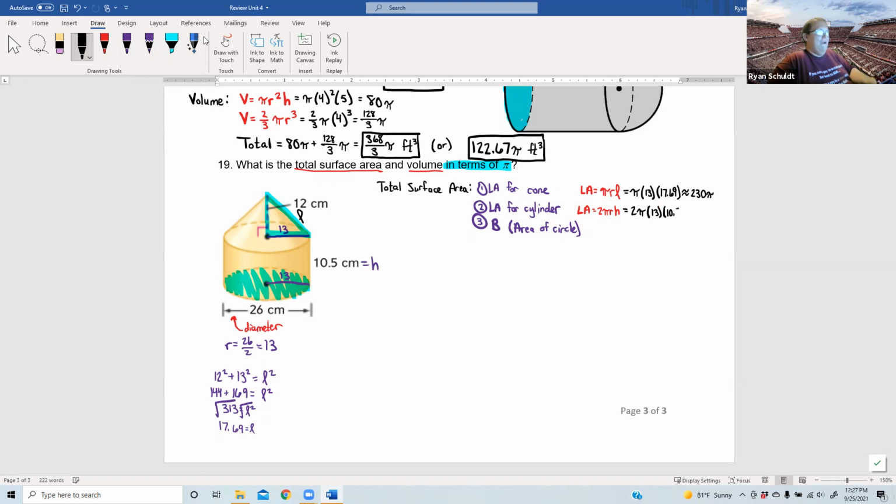Height is 10.5. Should be 34. No, not 34. What am I doing? 273. I don't know where I got 34 from. 273 pi.